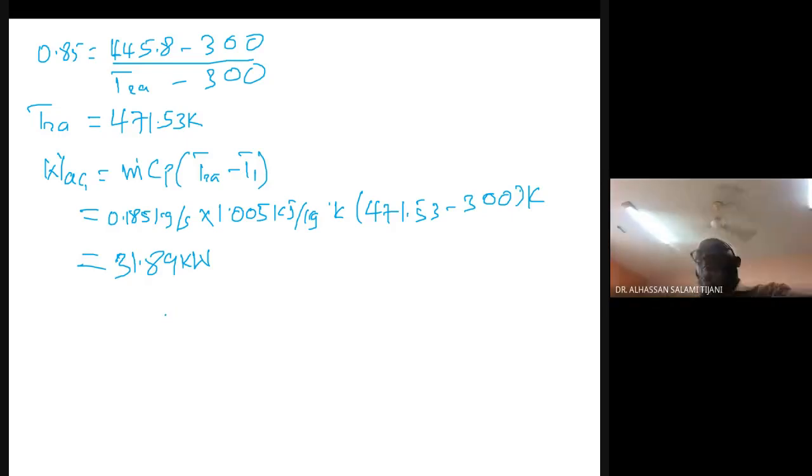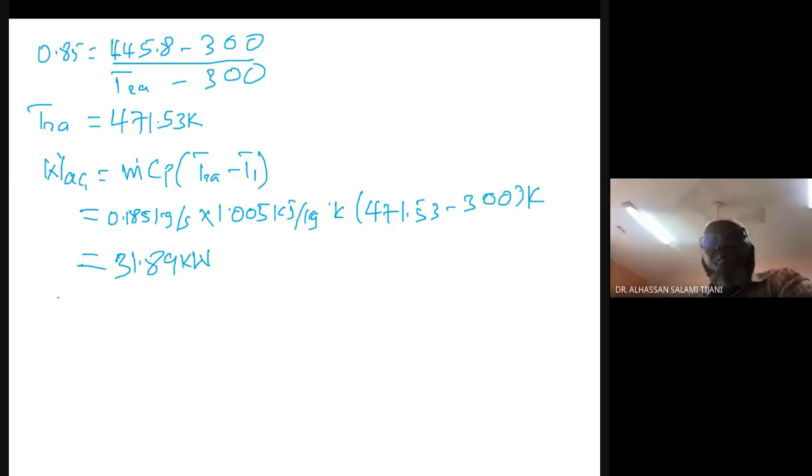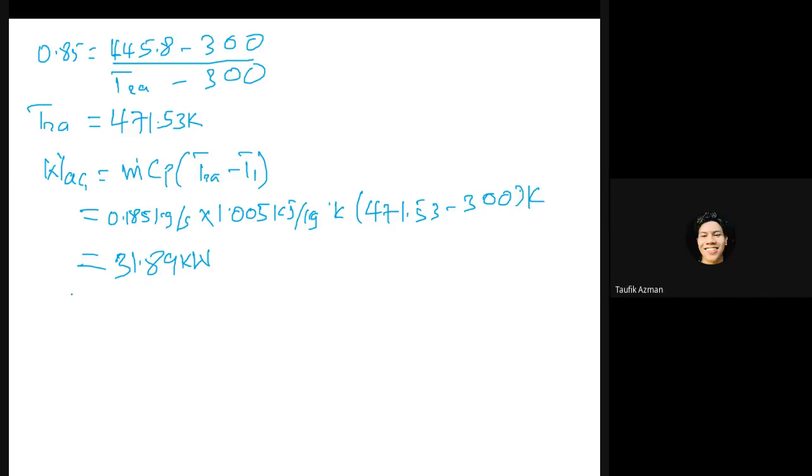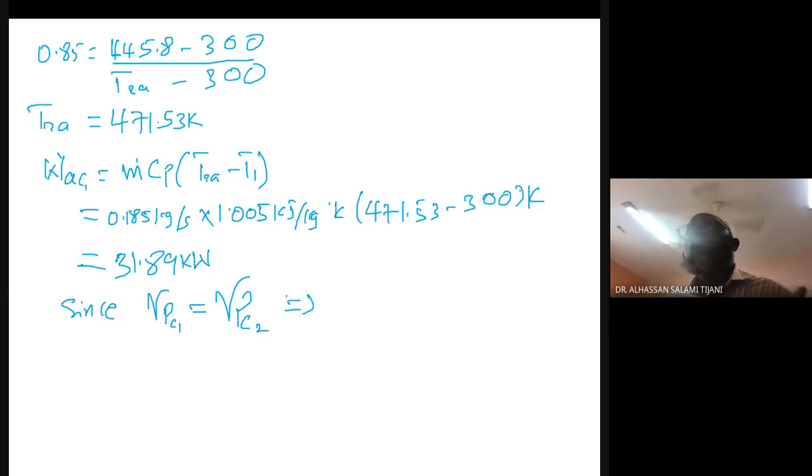Now you see, since both compressors have the same pressure ratio, it means they will have the same WA. Since RP for compressor number 1 equals RP for compressor number 2, it implies they both have the same WA.